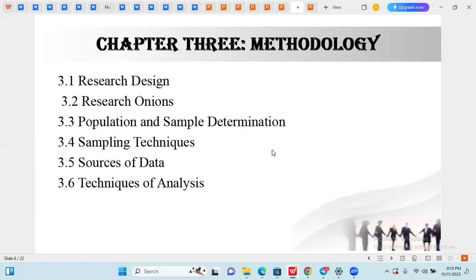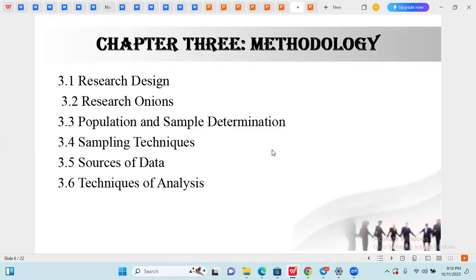In fact, I will say this: if you are doing master's and PhD and you're not using formulas to determine your sample size, you are wrong. Another way you can determine your sample size is through sampling technique. But that is when there is no more way out in using a formula. The best you can do is use a formula to determine your sample size.